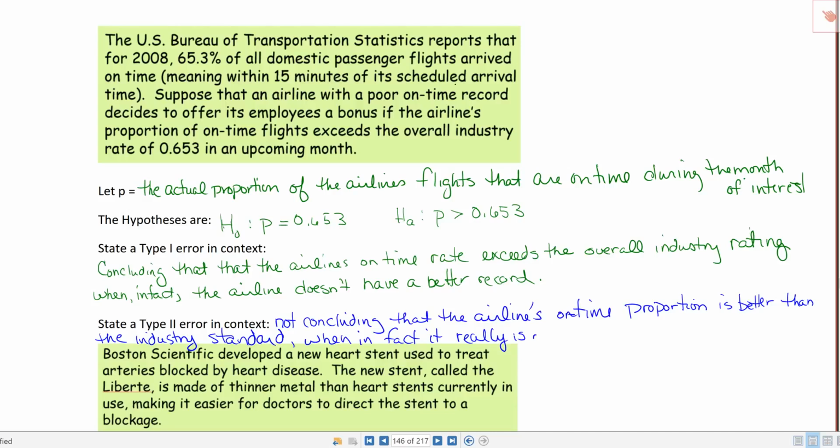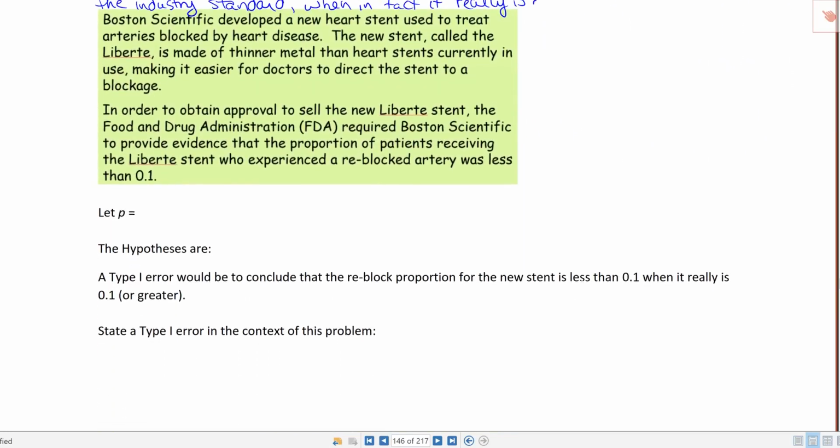In the case of a type 1 error, the company's going to give out bonuses to people and pay them money when they didn't exceed that rate. In the type 2 error, the company is not going to give those employees any money, but the employees did step up and make that airline beat the industry standard that was 65.3% of on-time flights. So let's look at one more example like this.